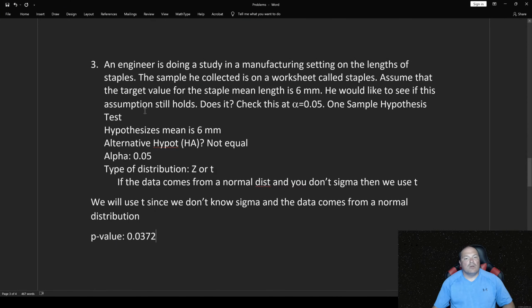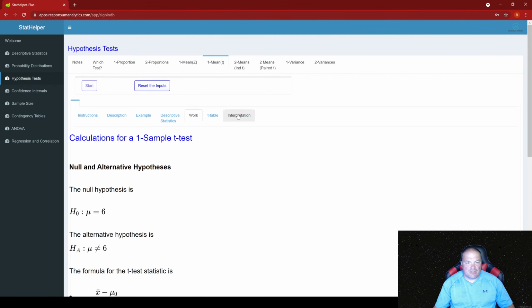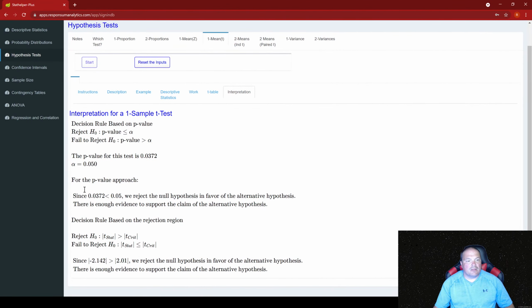Now, what we have to do now is decide what our choice is. Are we going to fail to reject, or are we going to reject? Okay, well, come up here. This is an interpretation tab. This tells you what to do. You reject if the p-value is less than or equal to alpha. Fail to reject if it's greater than.